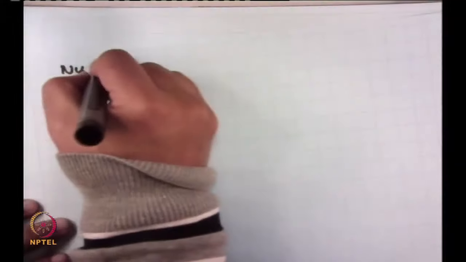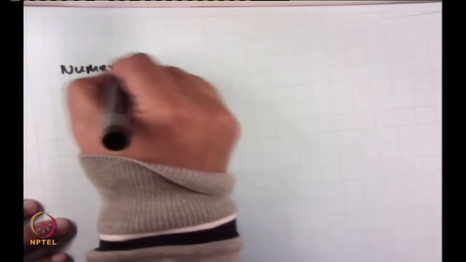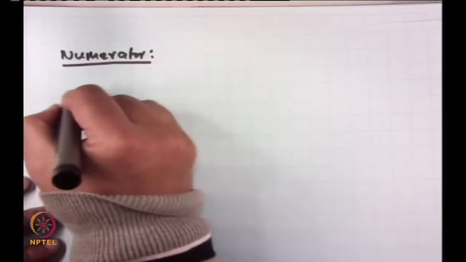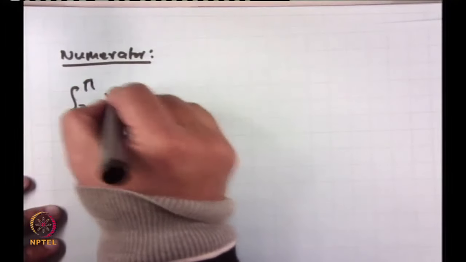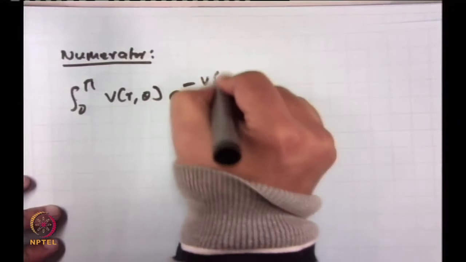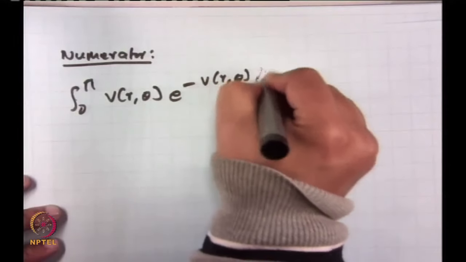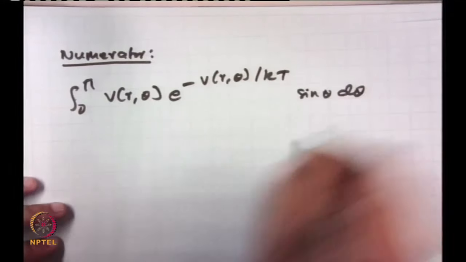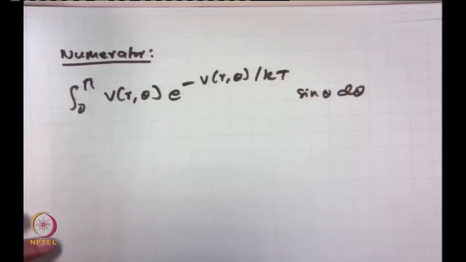Good. If you are done with the denominator, what did we have in the numerator? So let us look at the numerator now. The numerator is 0 to pi V of r theta, e to the minus V of r theta by kT, sin theta d theta, right. That is what we have for the numerator.